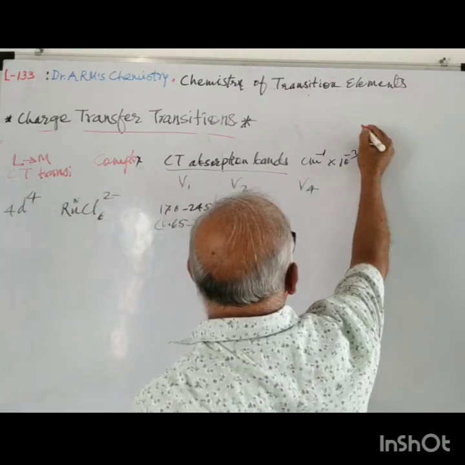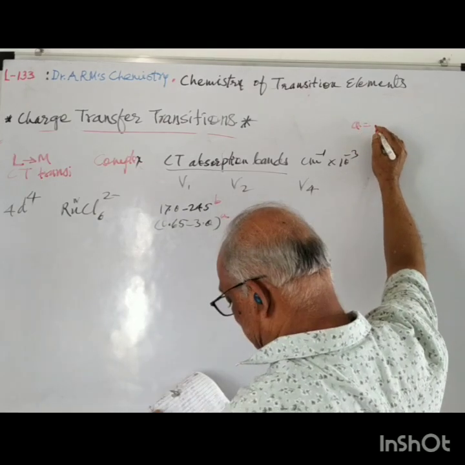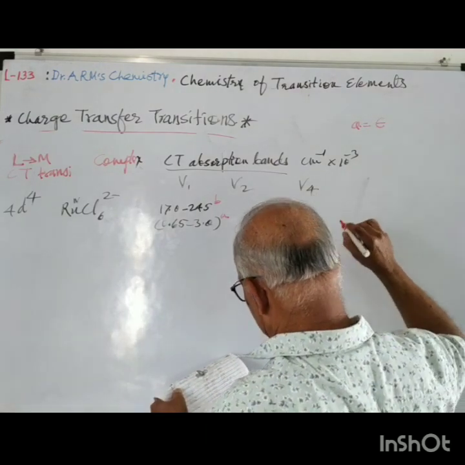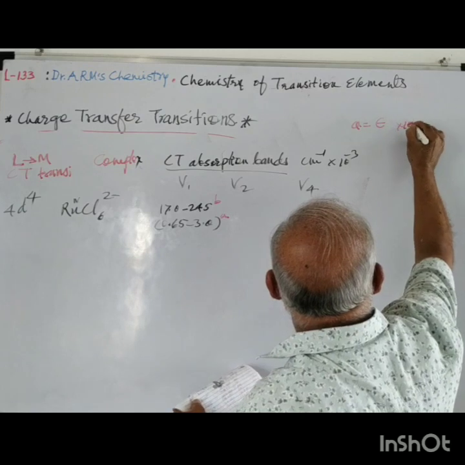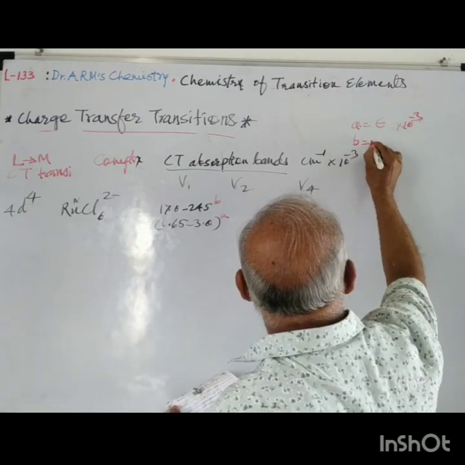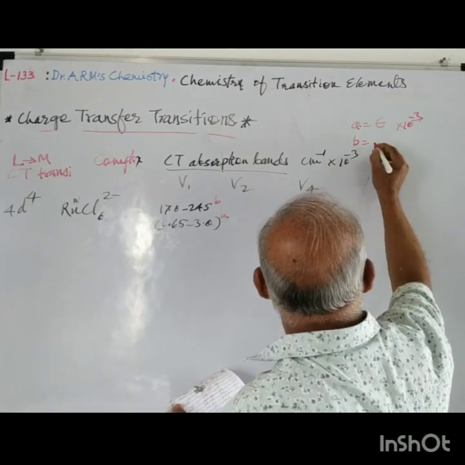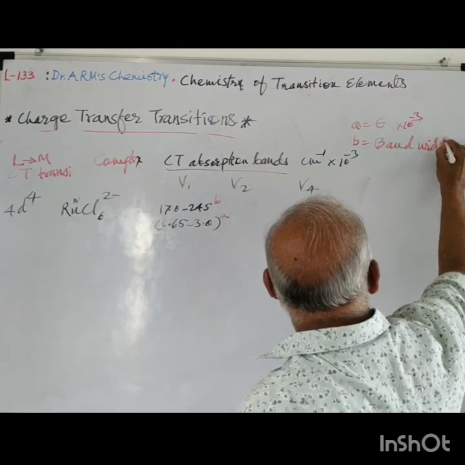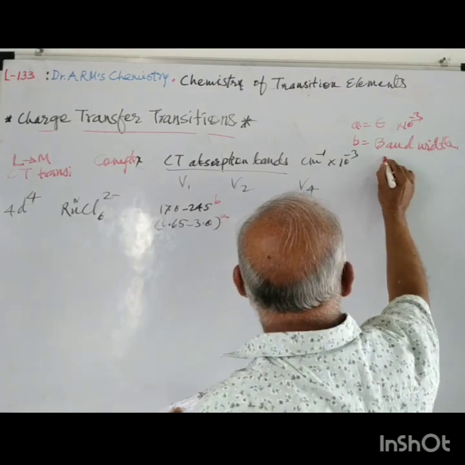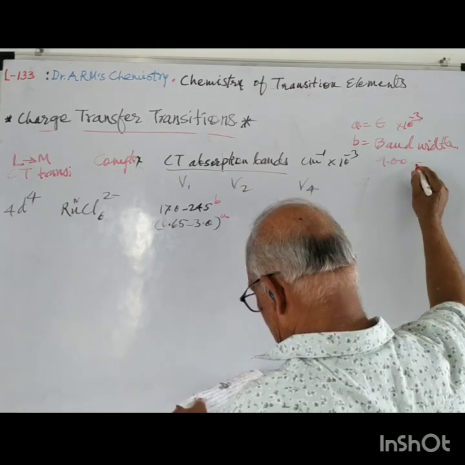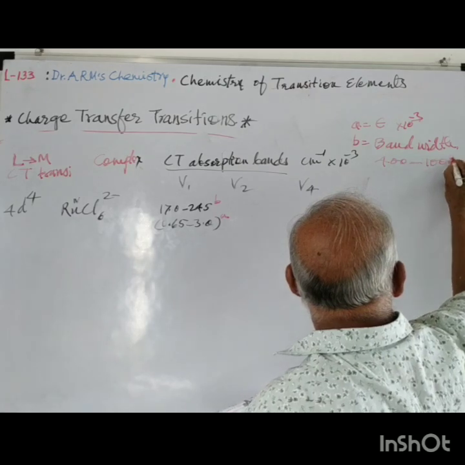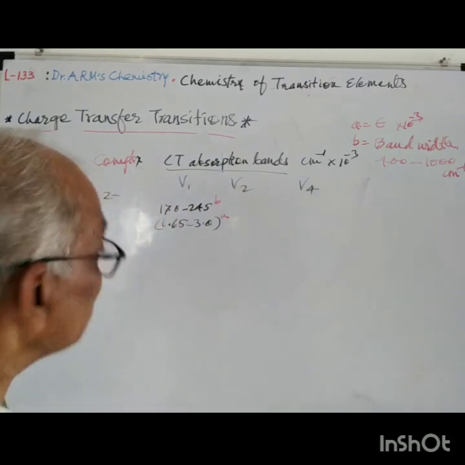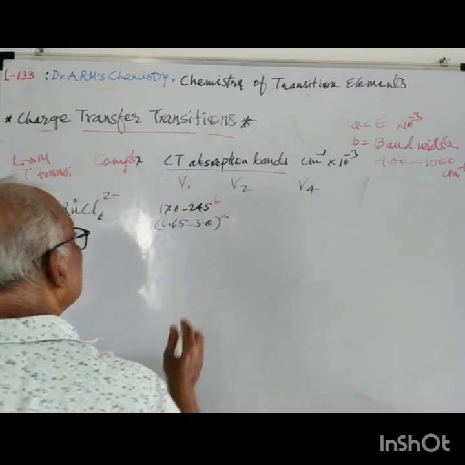So here we will show A indicates molar extinction coefficient values into 10⁻³ terms, and B indicates the bandwidth ranging between 400 to 1000 per centimeter. So we will show in this way the values for every type.